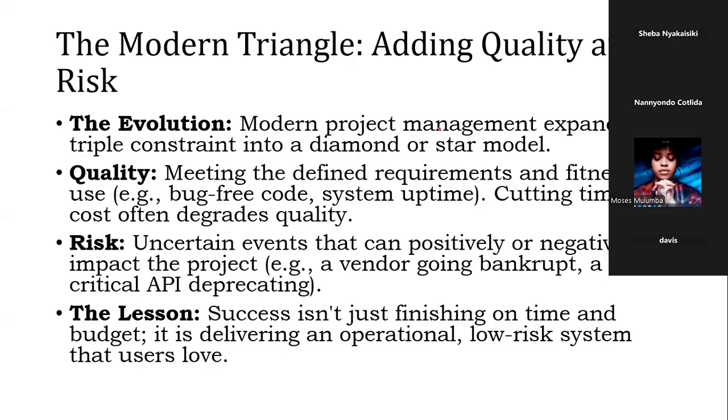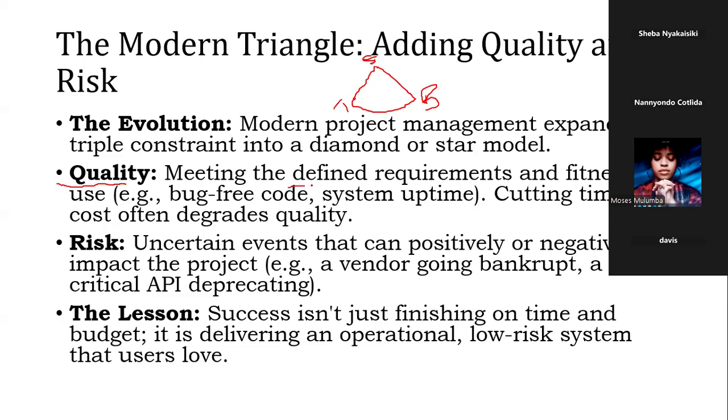Now, the modern project management expands the triple constraint into a diamond. That means at any given time, you have something like this, where you have time, scope, and budget, with something pulling in different directions. Now, the issue is you want to provide quality.